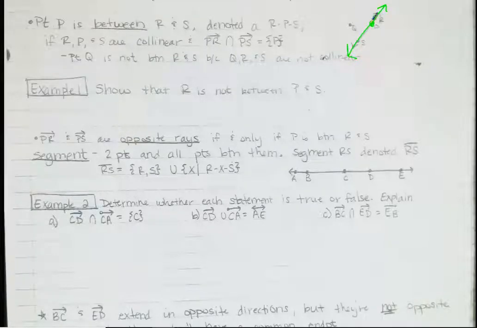We have to be able to say that a point is between two other points in order to say that we have opposite rays. Otherwise, it's just the same ray. Okay, they're equal.